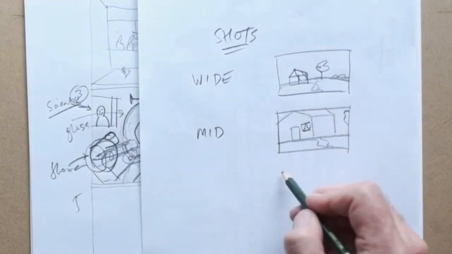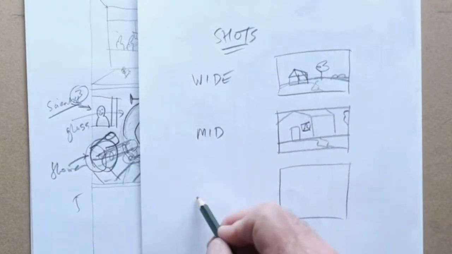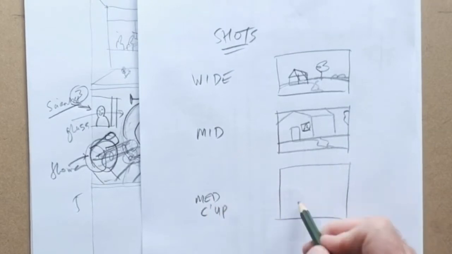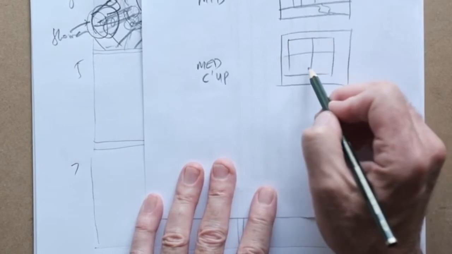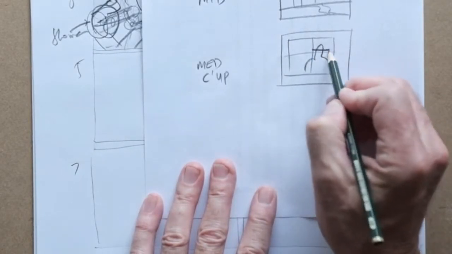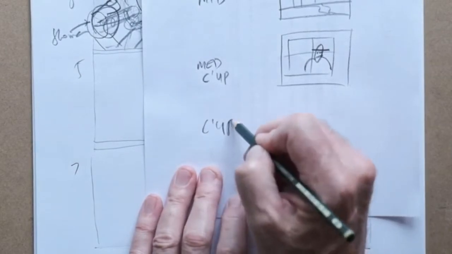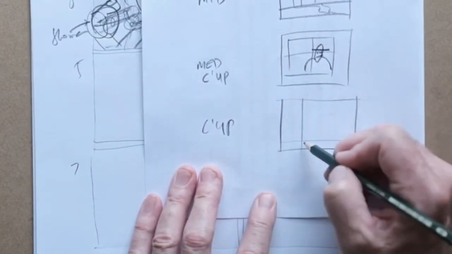Then you could say medium close-up might be the window and the person. And then a close-up might be just the person's head.